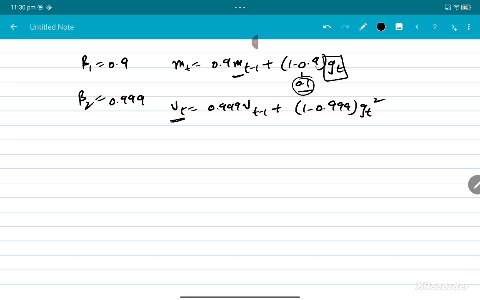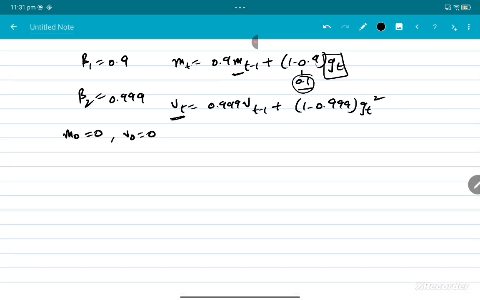But if, let's say, we start with m_0 equal to 0 and v_0 equal to 0, the early estimates that we get are heavily pulled towards 0. Let's see how.